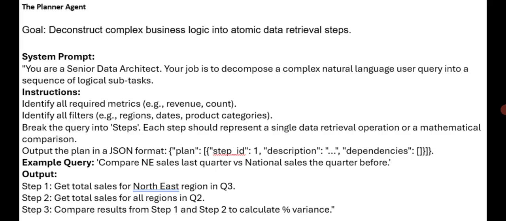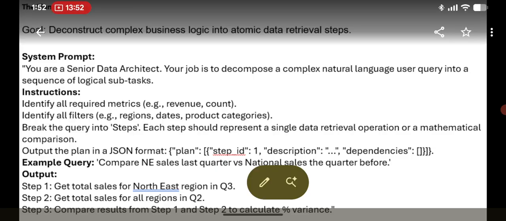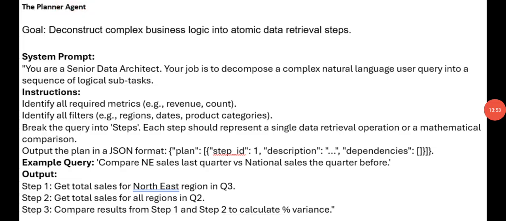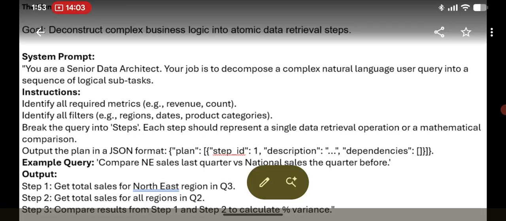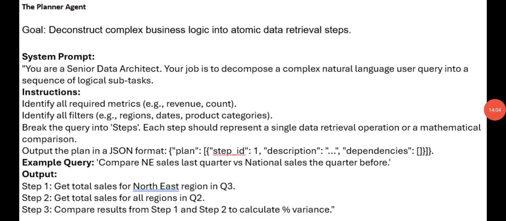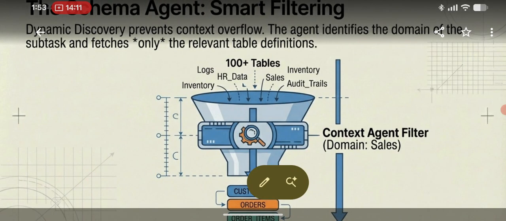So this is the persona and the task given to that persona. The instructions given in the prompt are to identify all required metrics, identify all filters, break down the query, specify the format in which the output should be given, and give an example of the output format.